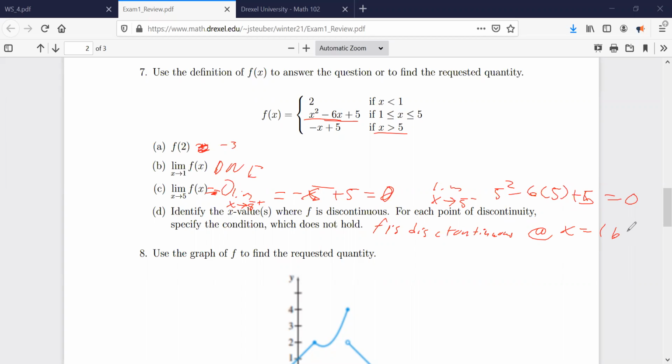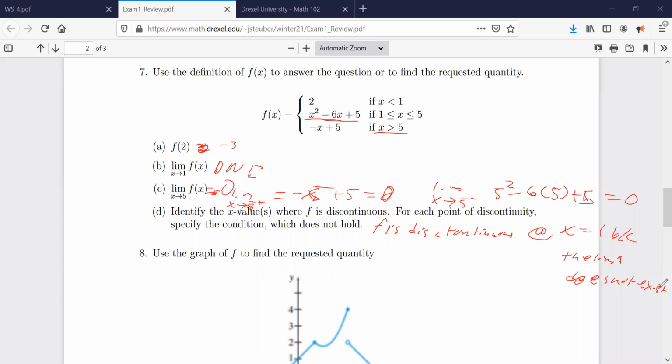Because the limit does not exist. And you guys actually have a list of criteria and it's numbered, but it's good to just say the limit does not exist.